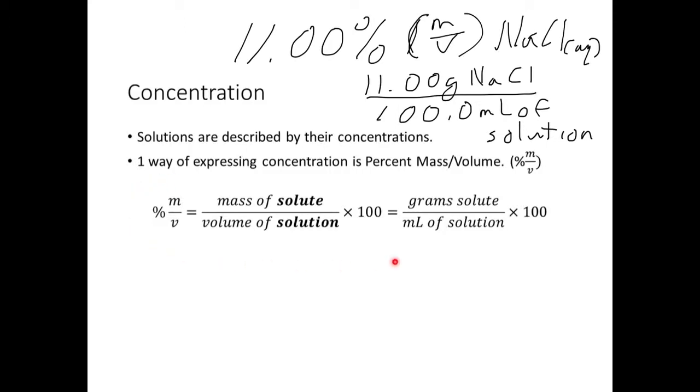Percent mass volume is always the mass of solute divided by the volume of solution times 100.